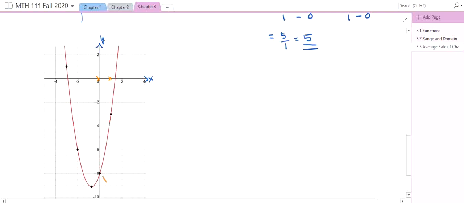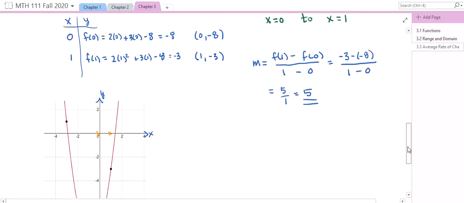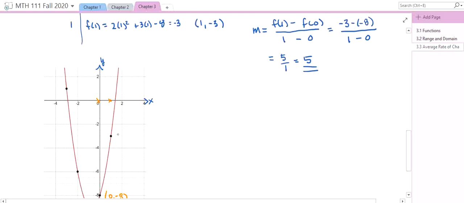As we said, when x is 0, y is minus 8. When x is 1, y is minus 3. And what I did was I drew a secant line between these two, essentially. Took the slope of it.